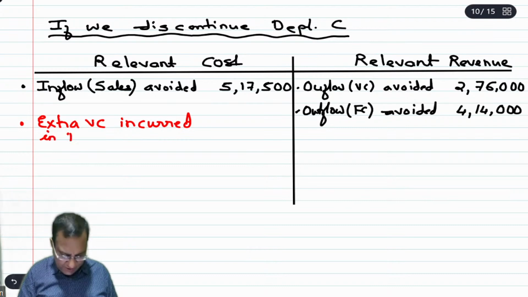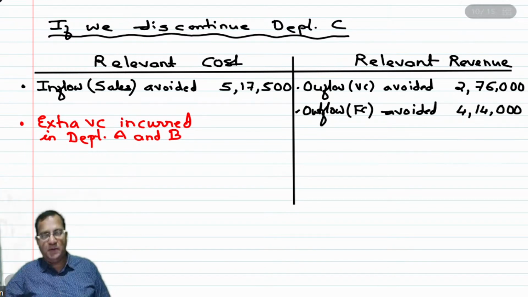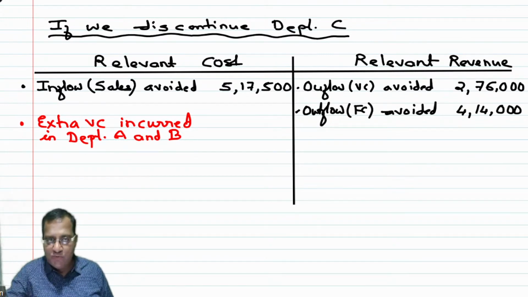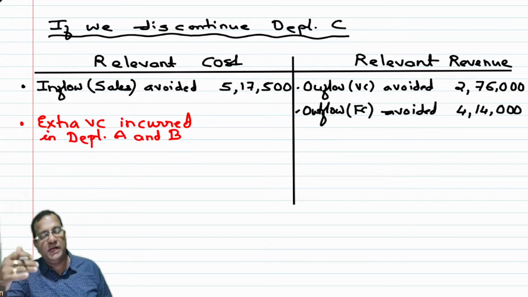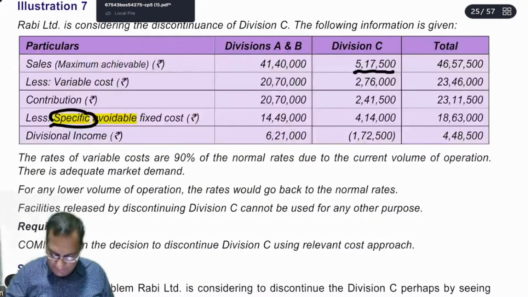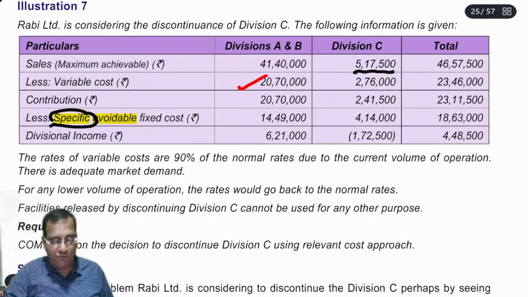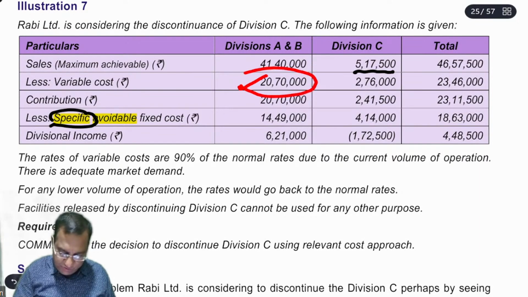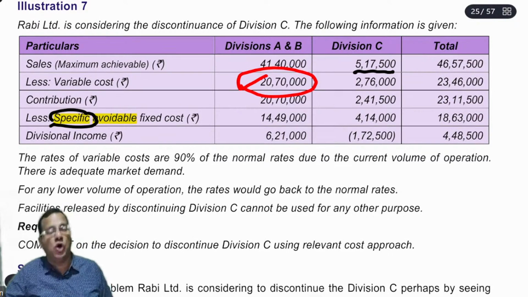Now the most important point is the extra variable cost incurred in departments A and B due to discontinuation of department C. Right now the variable costs are at 90% of the normal rate. But for any lower volume of operation, that is, if we discontinue department C, the variable cost will be incurred at its normal rate. So what is the current variable cost of departments A and B? It's 20,70,000. In percentage terms, it is 90% of the normal rate.